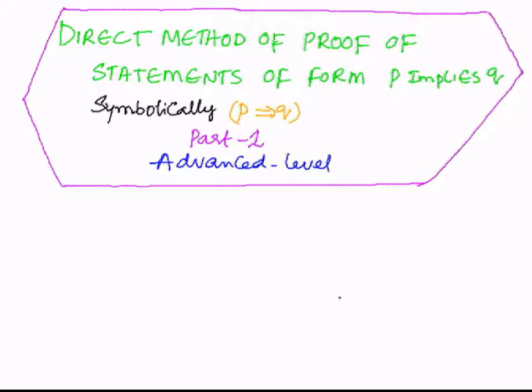So here, in order to prove the direct method of proof of statements of the form P implies Q, here is one illustration or an example.